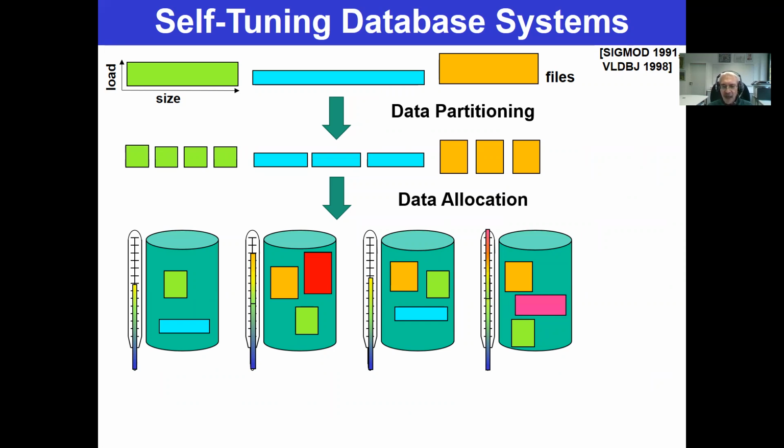This can happen again, and now this file causes an overload on this one disk. So another technique is to split the file on the fly and move only one of the partitions for more fine-grained countermeasures. We thought this was a really cool method, and hence we called it disk cooling.